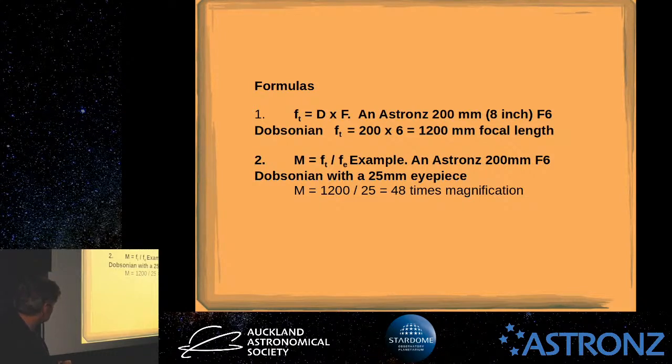So if you've got a 200mm f6 Dobsonian, which is the sort that the Society rents out, and you use that with a 25mm eyepiece, magnification would be 48 times. You can use that formula to work out the magnification for any telescope and eyepiece combination.